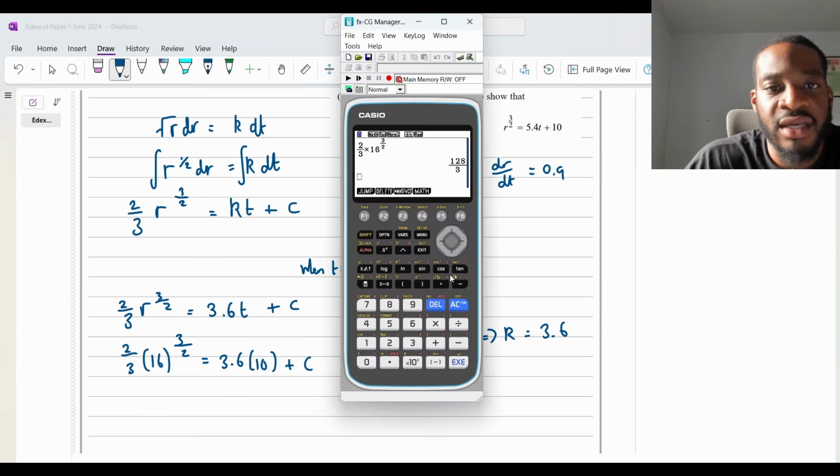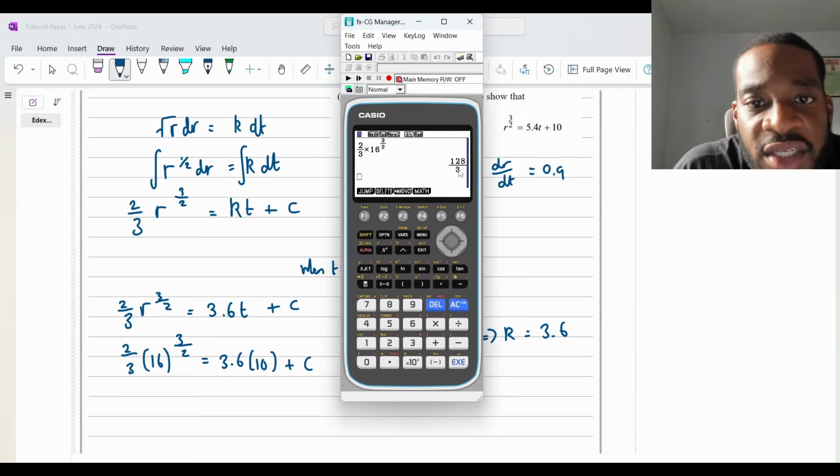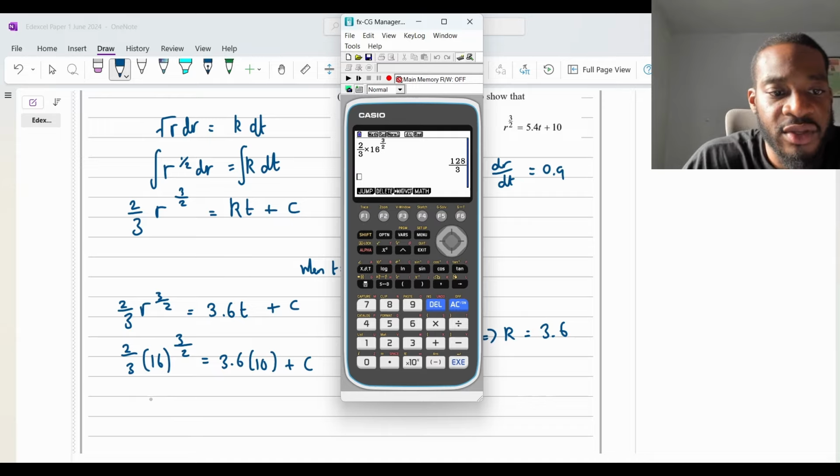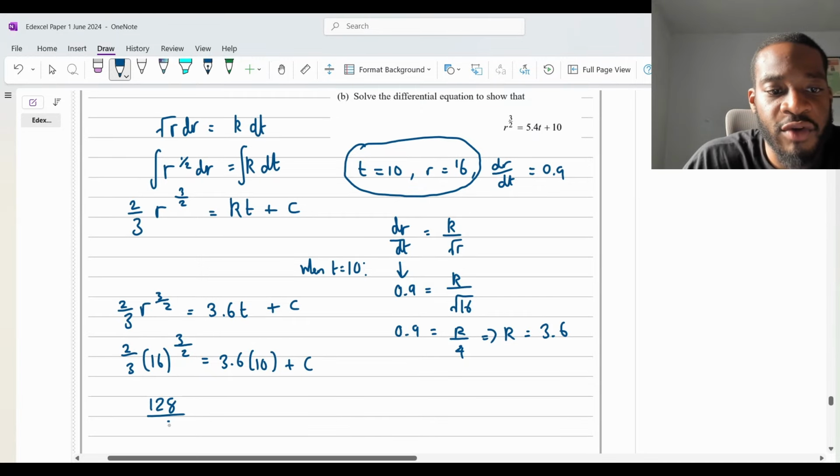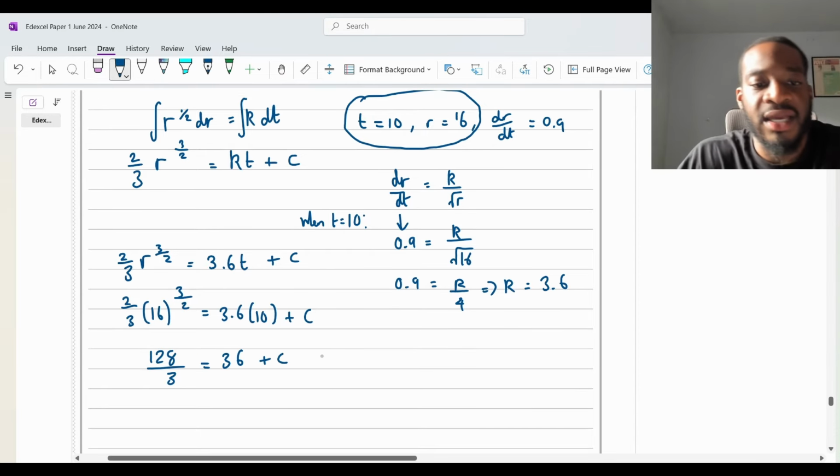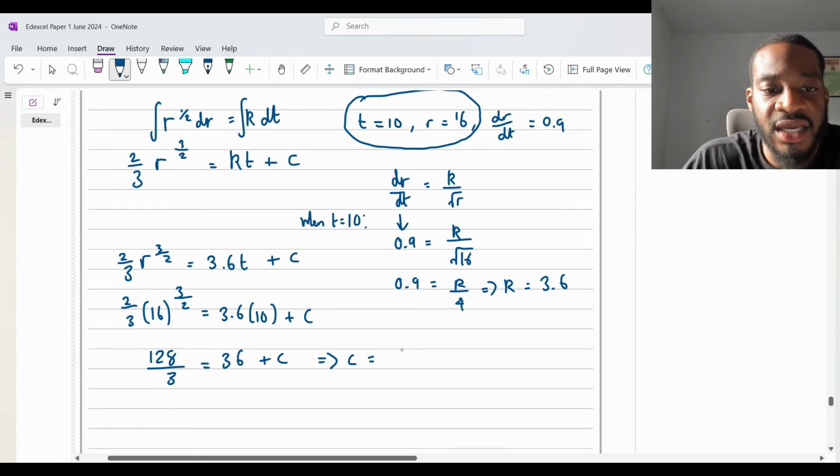I think I've done it here already. Yeah, 2 over 3 times 16 to the 3 over 2, that's 128 over 3. So 128 over 3 is equal to 36, since 3.6 times 10 is 36, plus c. And then that means that c is going to equal 128 over 3 minus 36.